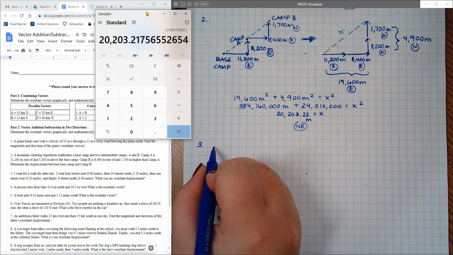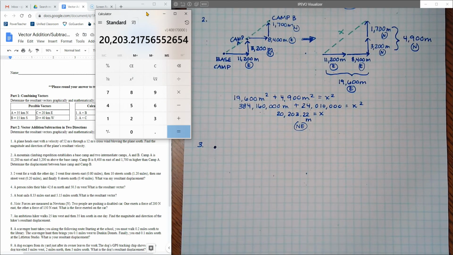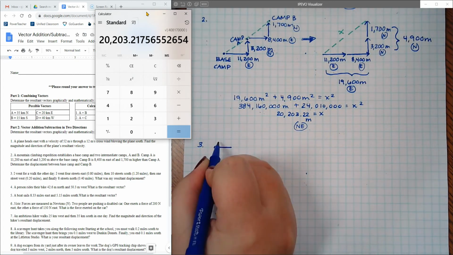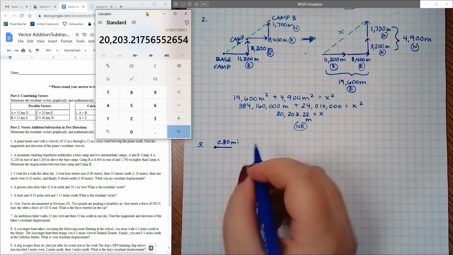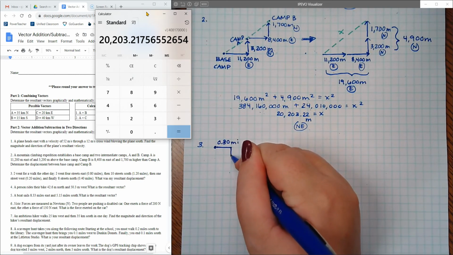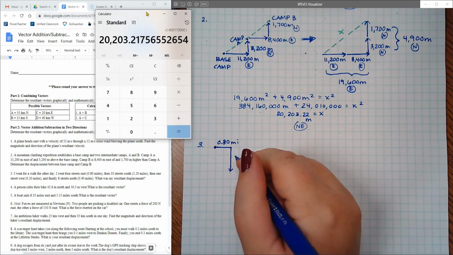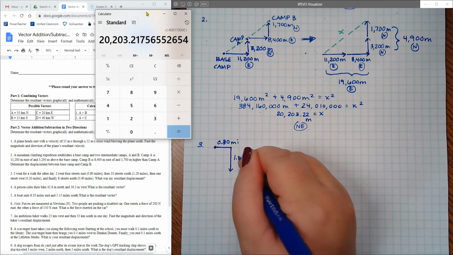So let's see, I'm going to start here. So this is where I started my walk. I'm going to go 4 streets east. This is 0.08 miles. Then 10 streets south. This was 1.20 miles.